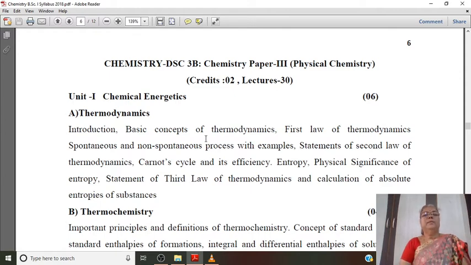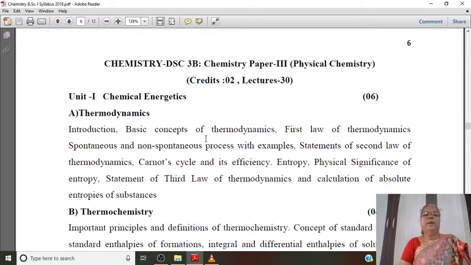Thermodynamics is the branch of chemistry, especially physical chemistry. It deals with the study of interconversion of heat into other forms of energies. This thermodynamics is studied with the help of laws.